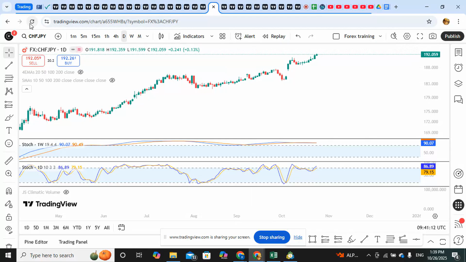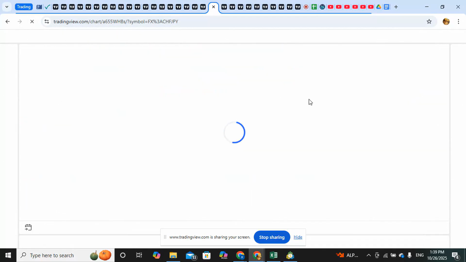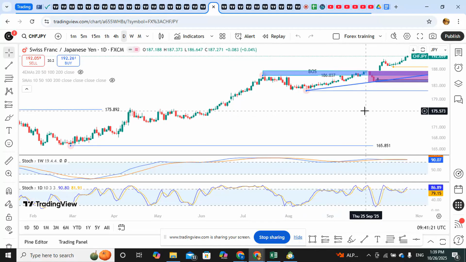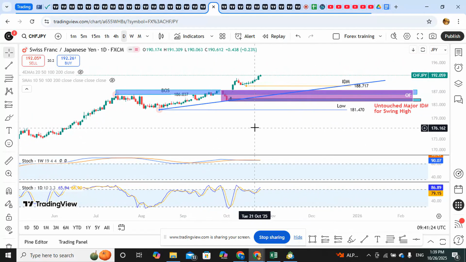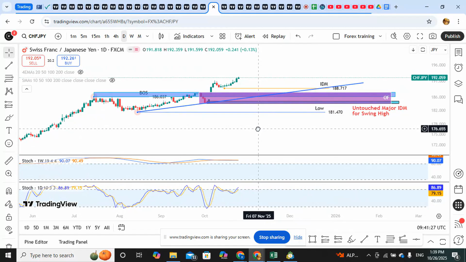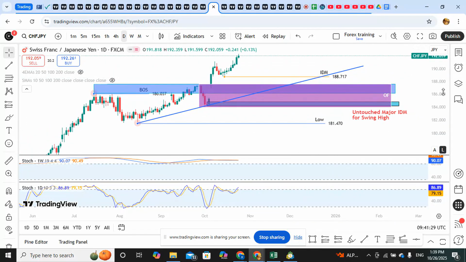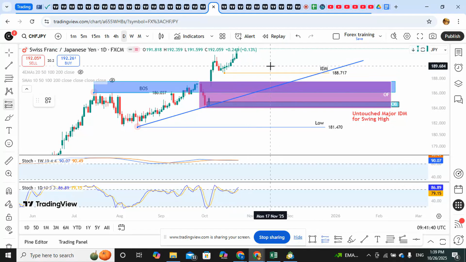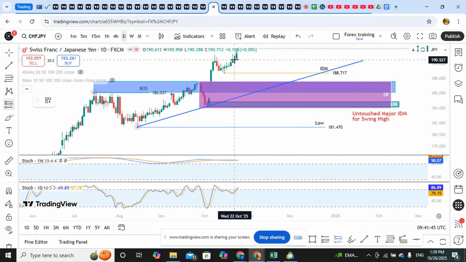As you can see, I am using the free version of TradingView. TradingView is just beautiful, you can do all this. So this is the CHF JPY. Where is the 192.032? It's a sell position. I took it on Friday, today is Sunday.